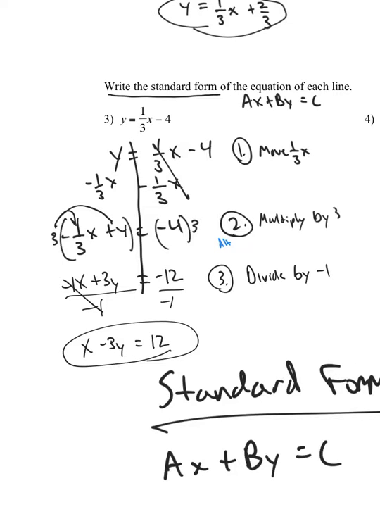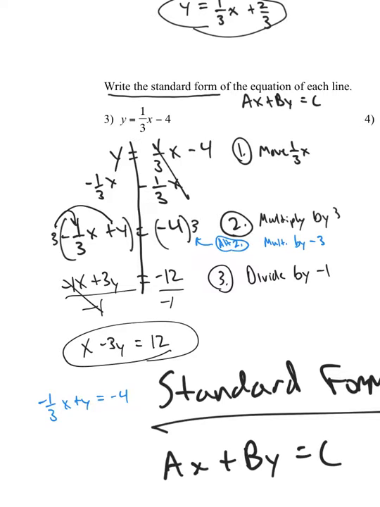Step 2. Guys, let me rewrite what we had. I'll do it down here. We had negative 1/3 x plus y equals negative 4. That's what we had at this step 2 point, guys. That's when we multiplied by 3. We could have multiplied by negative 3, okay?